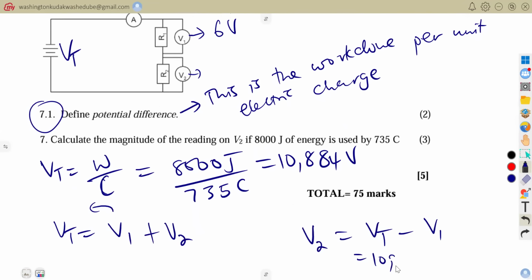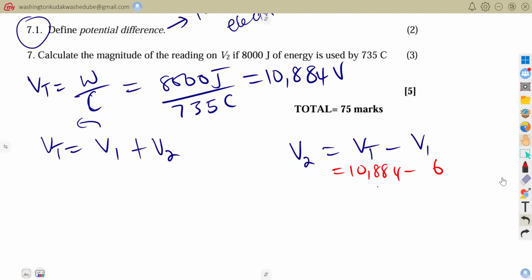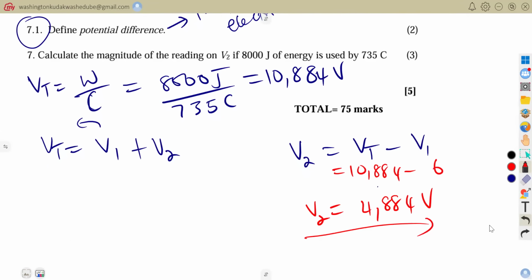So the voltage there would be 10.884 minus 6 volts. That's why they gave you that 6 volts. So if I do 10.88 minus 6, I would get 4.884 volts.